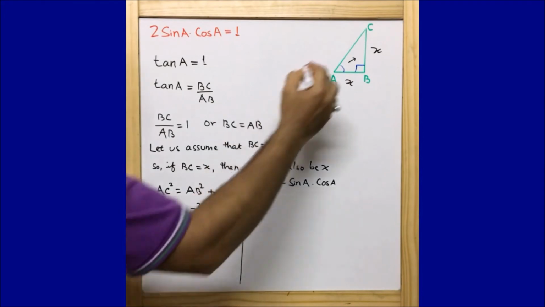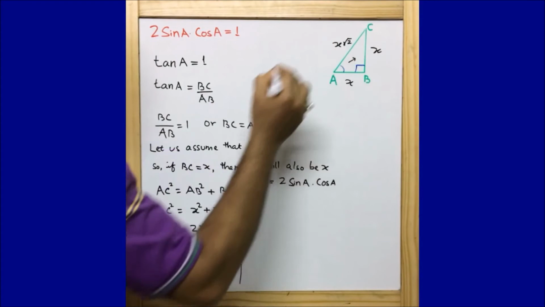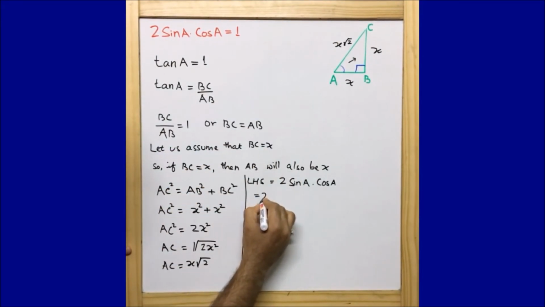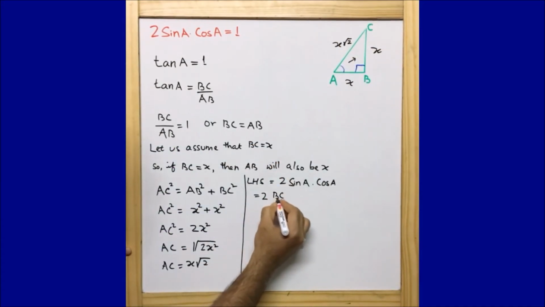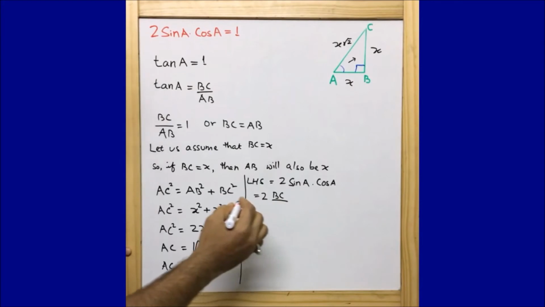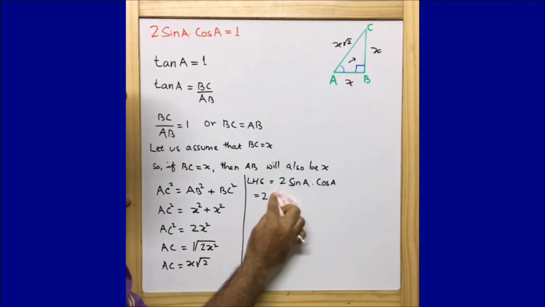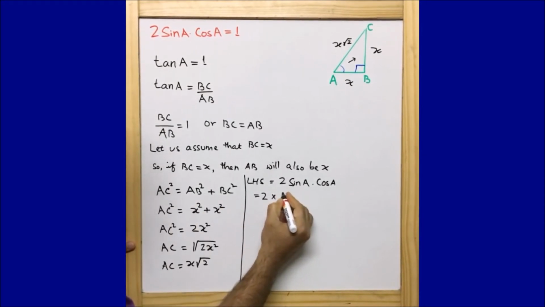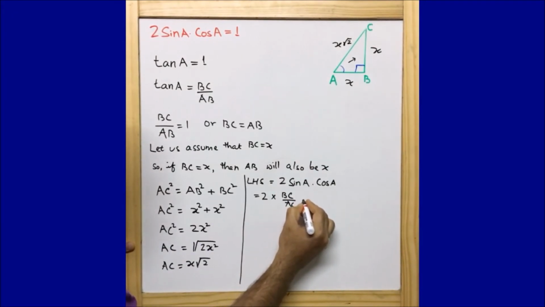Here we got AC is equal to X root 2. So sin A is nothing but that, so it is 2 into BC by AC. I believe we are pretty clear till here.